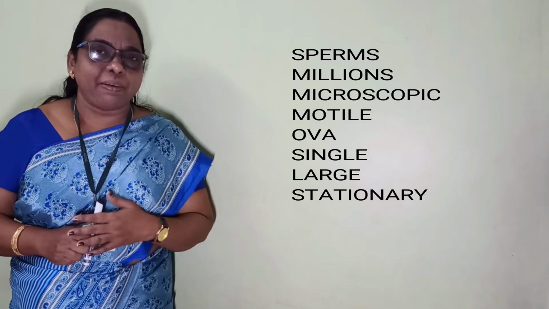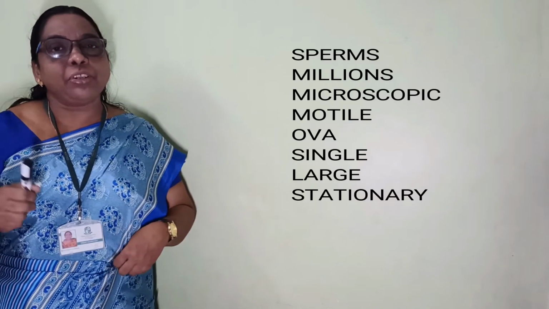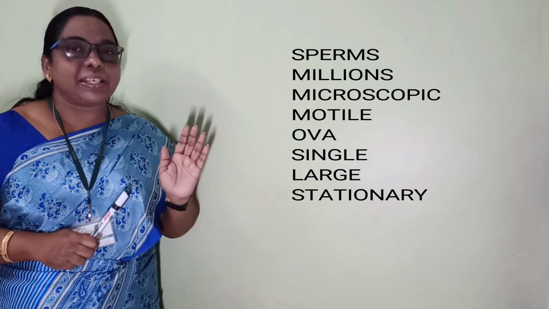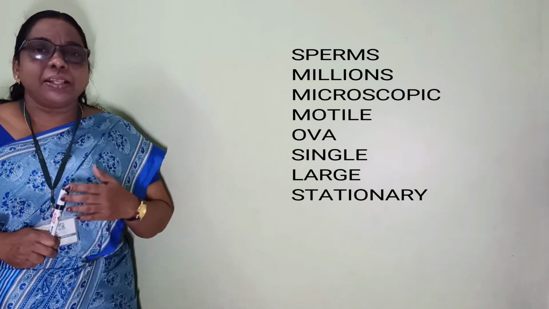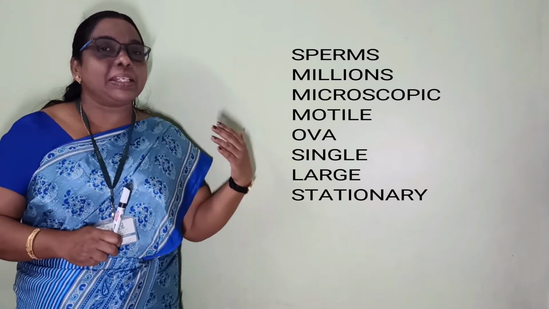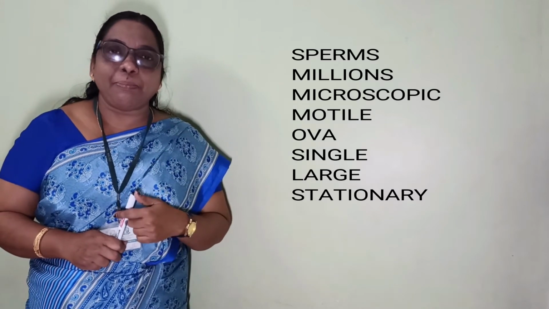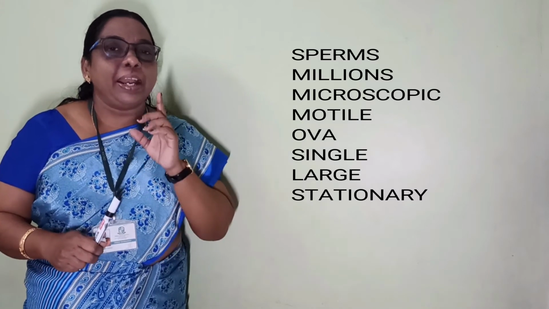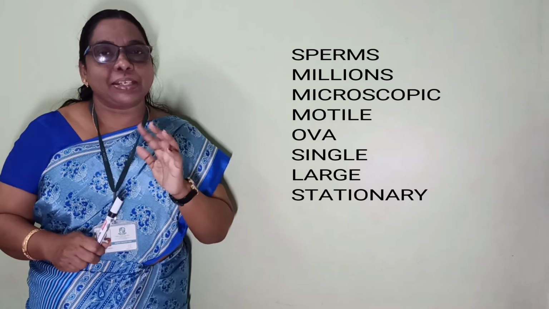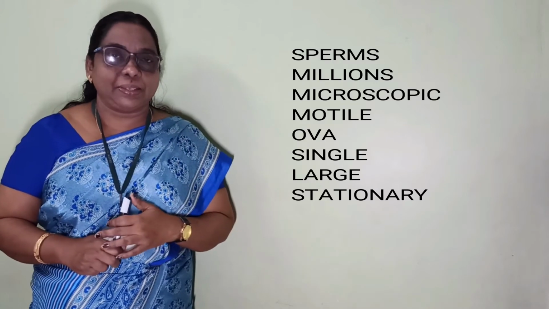The next one is the difference between the sperm and the ova. The sperms are very highly motile in nature, continuously moving, whereas the ova is stationary. The sperm count will be in the millions released, but only one ovum is released in 1 month, from alternate ovaries successively.